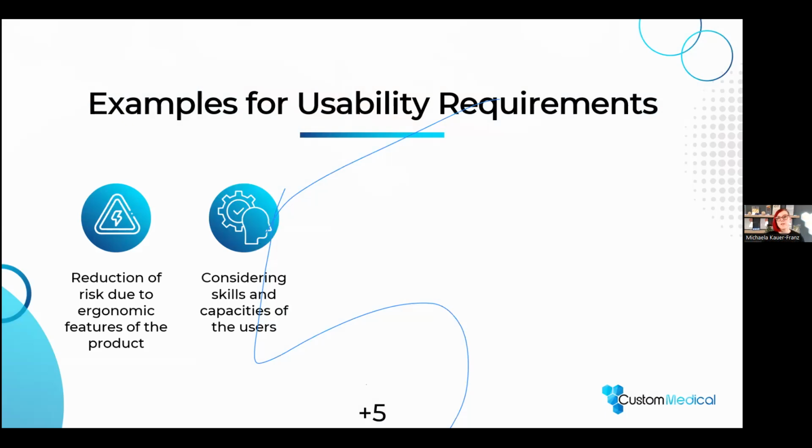This is named very explicitly because the MDR requests you to consider the skills and capacities of your users. Until the MDD, that was done on a very simple basis. So you could say, oh, we have healthcare professionals, so there's not a problem at all. They know what to do. By now, this is not working anymore. So you have to be much more precise about what the capacities and skills are, what it is that you can really expect from your user group.